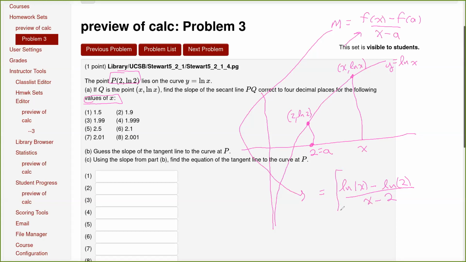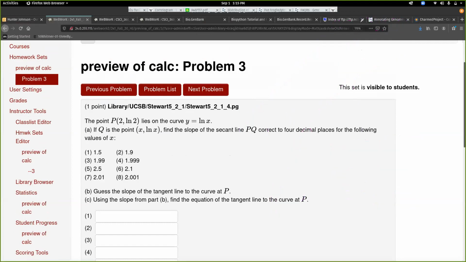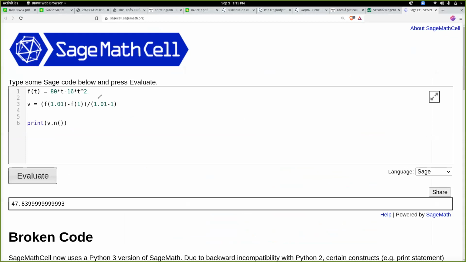So you can answer this question just by plugging values of x into that formula. That can be kind of painful. So what I'm going to do is jot down that function of x, natural log of x minus natural log of 2 divided by x minus 2, clear all this stuff, and come back over here.